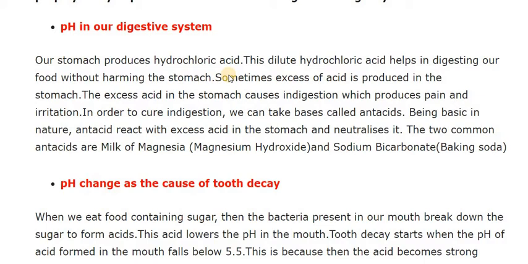So the enzyme pepsin is activated, because it only works in an acidic medium, if the pH is lower than 7, so it starts to work. So this is the importance of pH in the digestive system.